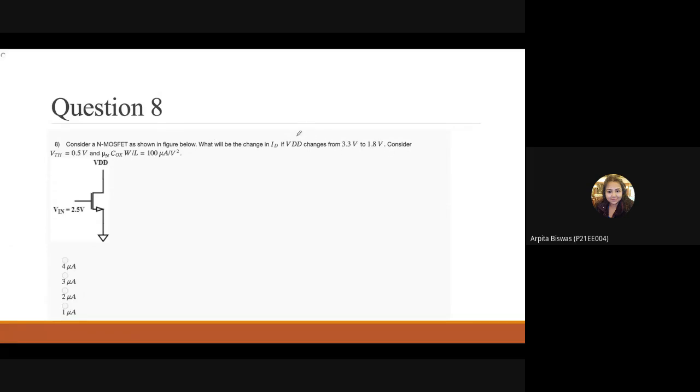Now, how to calculate. See, when VDD is 3.3, take the first condition, case one. VDD is 3.3. I'm not going to solve it totally, you guys solve, but I'm going to give some hints. Case one is VDD equal to 3.3.